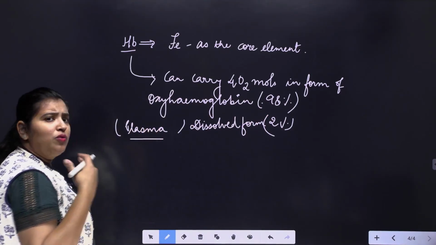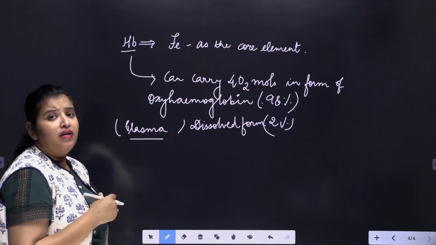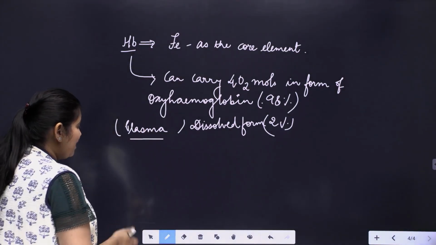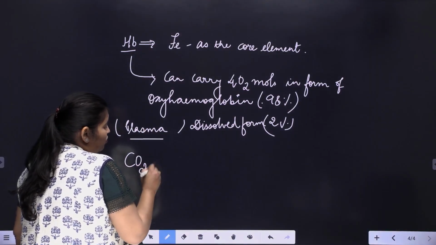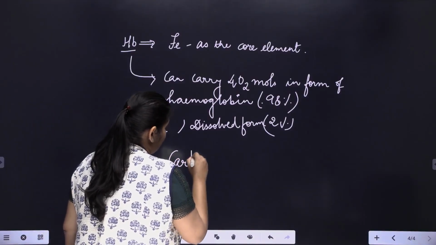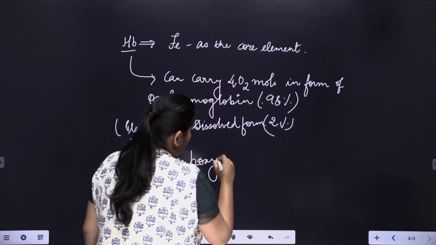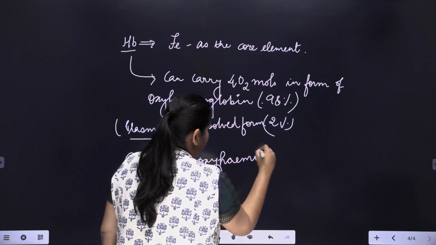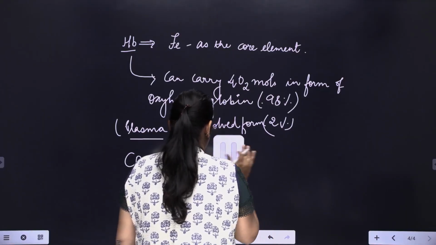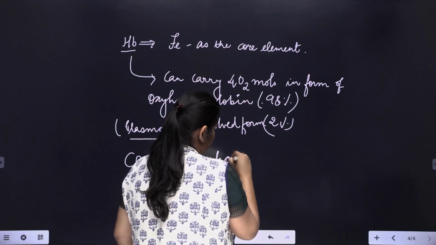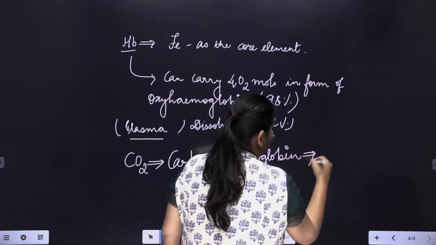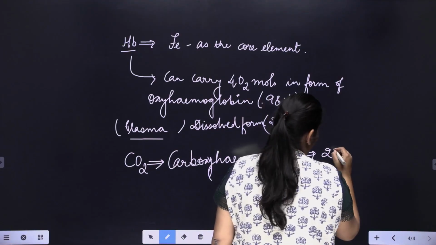Similarly, we know that only oxygen is not transported by blood. Carbon dioxide is also carried to be eliminated out from the body. In that case, carbon dioxide will combine with hemoglobin to form carboxyhemoglobin, all right, and this transport is about 23%.